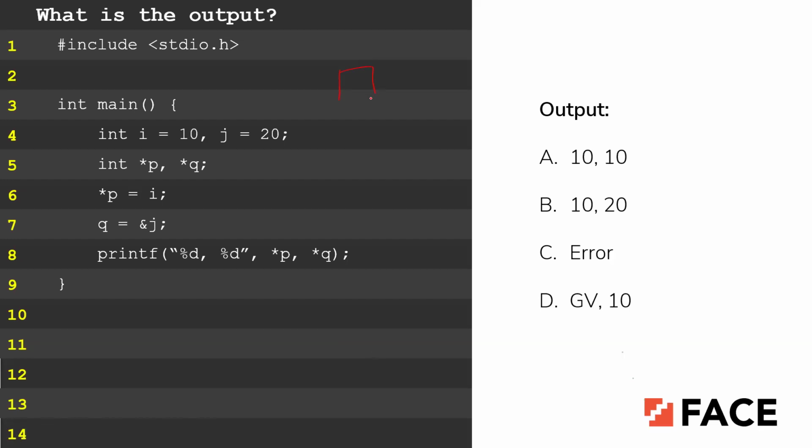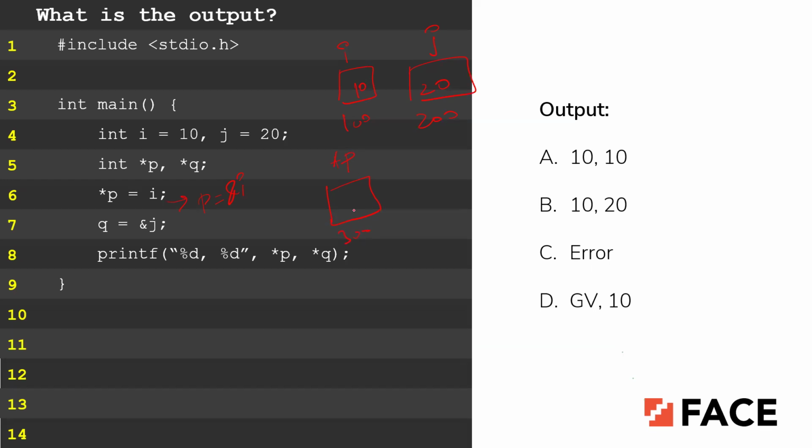Observe. Initially we have I as well as J. I stored 10, J stored 20. Assume addresses 100, 200. Then we have star P storing 10. That means P is equal to address of I. In another way, we write star P equal to I. So what happens here?